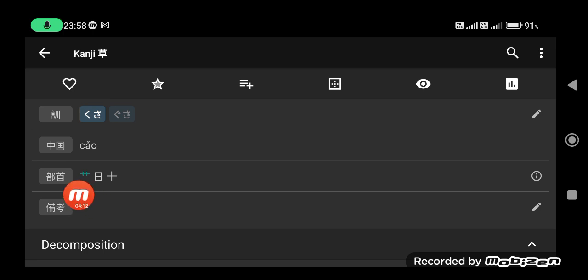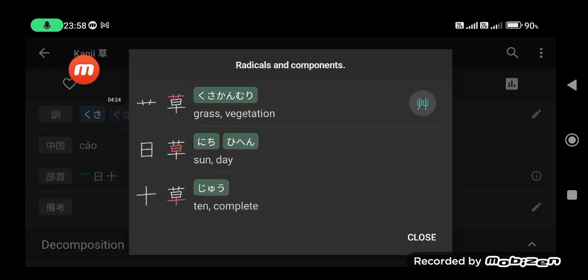This radical written in green font is a grass radical, which is very much related to our topic here. It's kusa kanmori. When you use kanmori as a suffix, it means that the radical or component is being placed on the top of the subject kanji character.